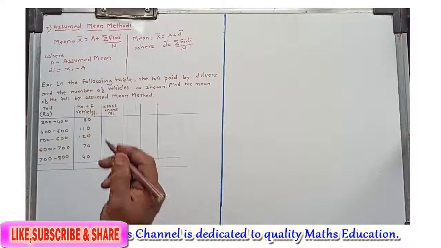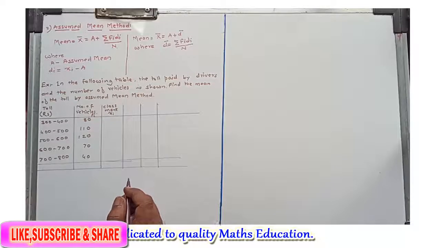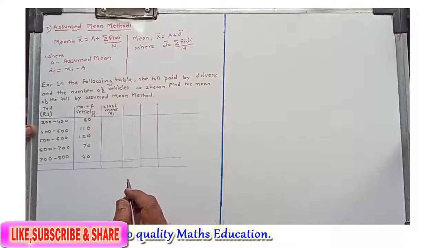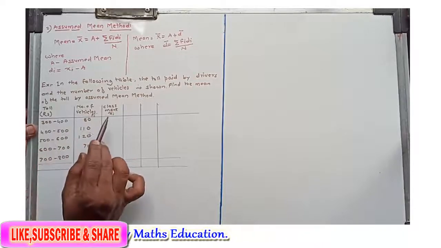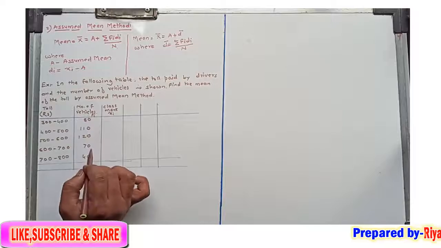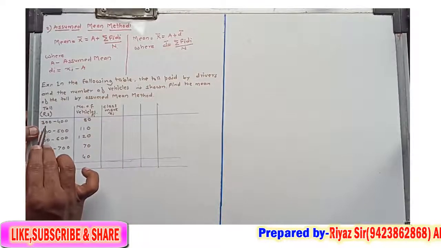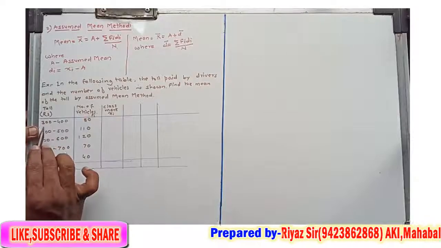First we have to find the class mark. As we found in the previous examples, by the same method we find the class mark, denoted by xi, and the number of vehicles is the column for fi. So how do we find xi? First consider the first class, 300 to 400.